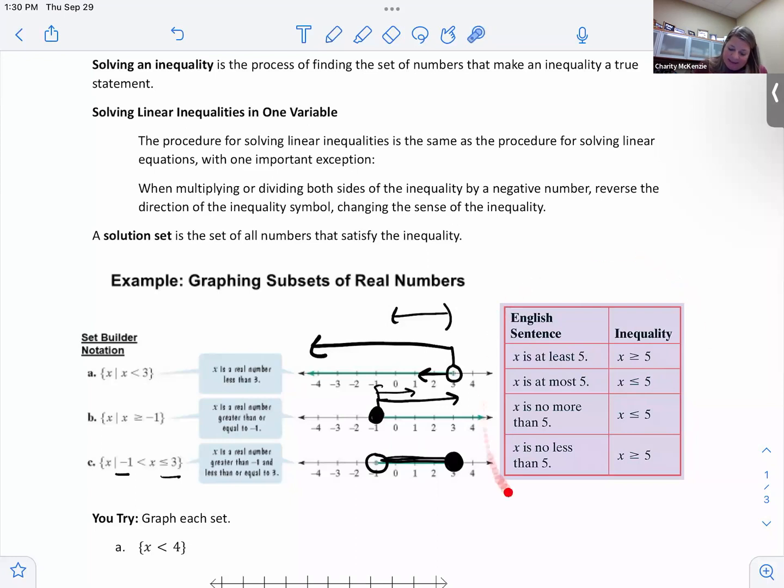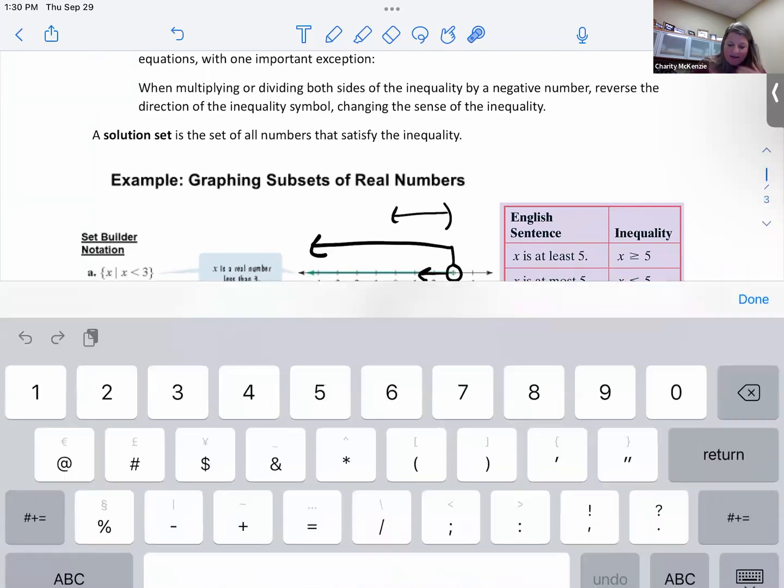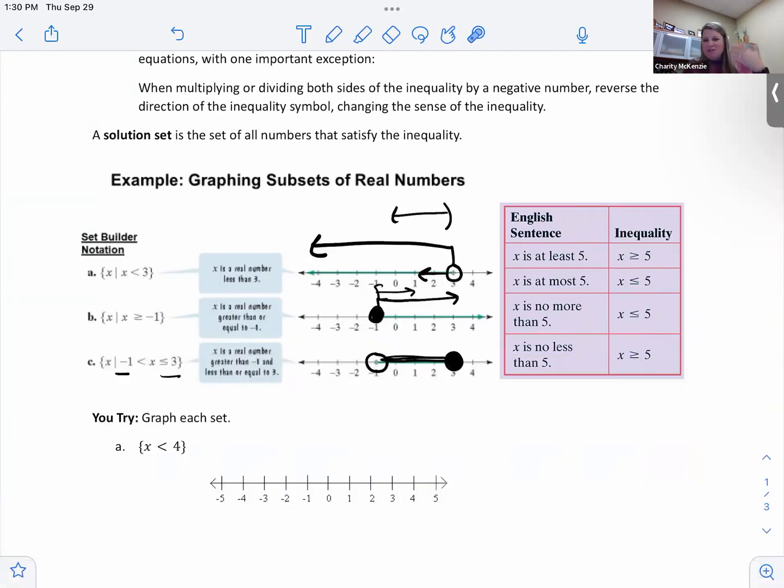Then I put in a little English thing over here just so we remember what these are each saying, okay? Just to help, at least, at most, no more than, no less than. Because if x is at least 5, could it be more than 5? Well, yeah, so it's greater than.